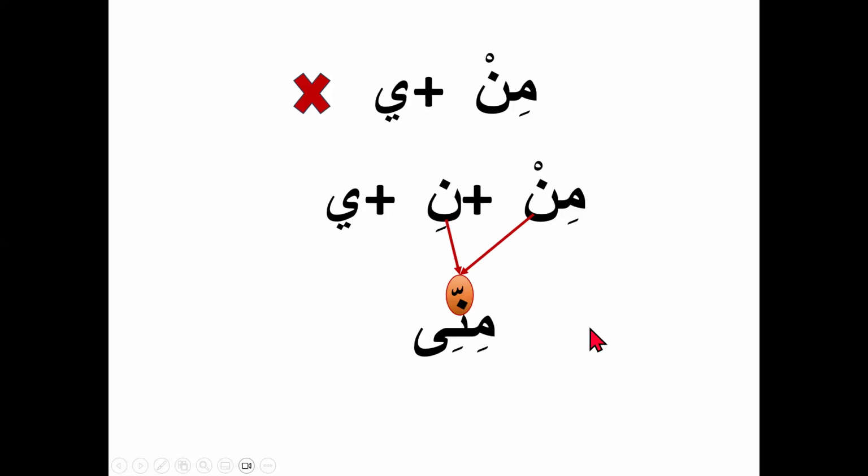So now we can read easily: minni, minni. This additional noon is called noon wiqaya. The noon wiqaya comes between the harf jar and the ja mutakallim to resolve their problem, to solve their fighting. So now we can read easily. This is called noon wiqaya.